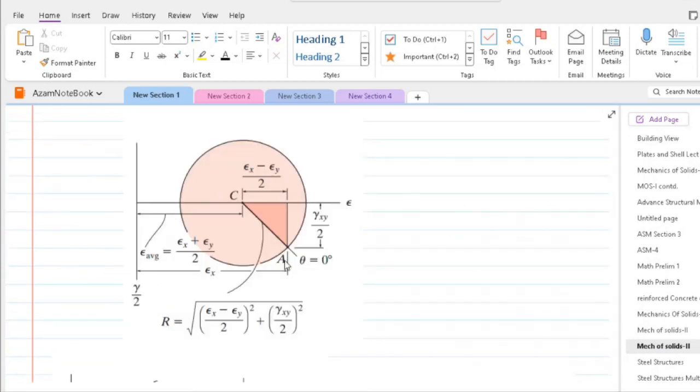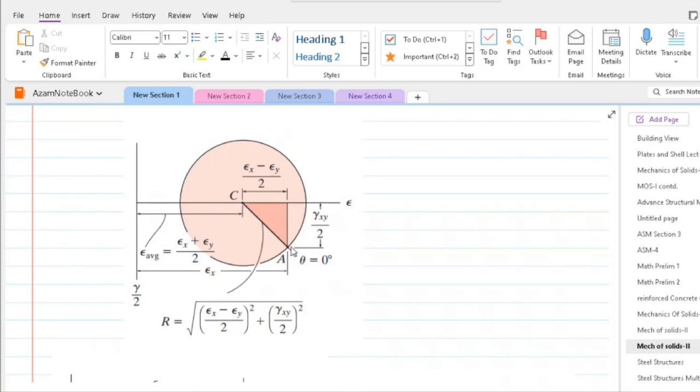In the Mohr circle, point A is plotted as a reference point having coordinates epsilon x and minus gamma xy by 2. This reference point will represent the case for which the reference x bar axis coincides with the x axis, and hence theta will be equal to 0.